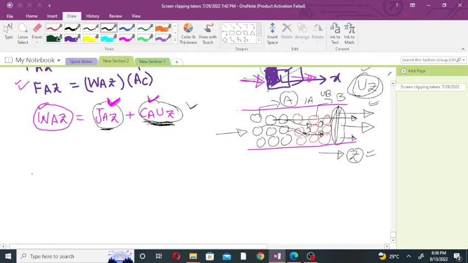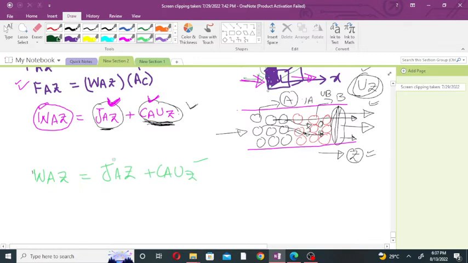Now we know that the flux of component A in the z direction is equal to JAz plus Ca into uz.